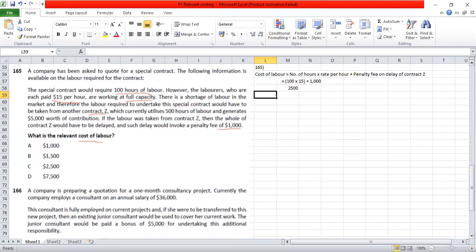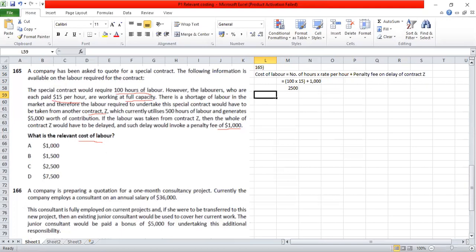Does this mean that the contribution you will get from contract Z will temporarily become an opportunity cost? If they stop it, then it becomes an opportunity cost, because why should they forego it just to accommodate the special contract? If they completely close contract Z so that they can take up the special contract, this 5,000 also will be added to 2,500.